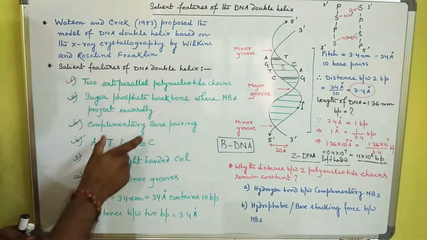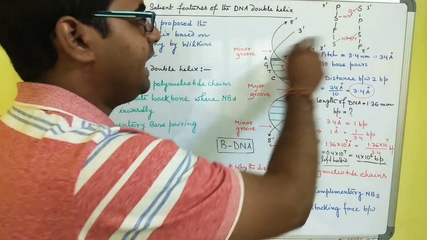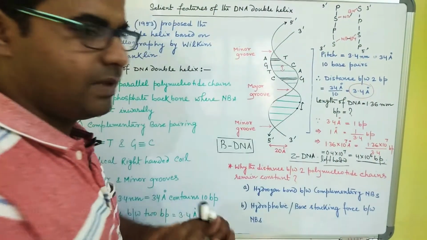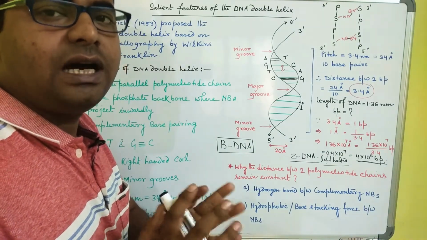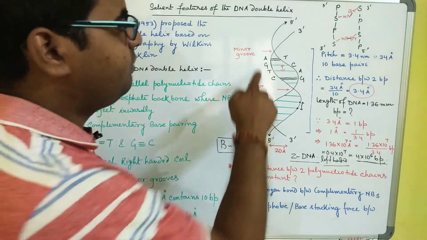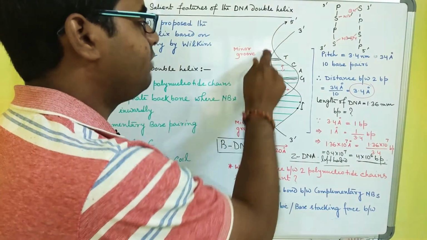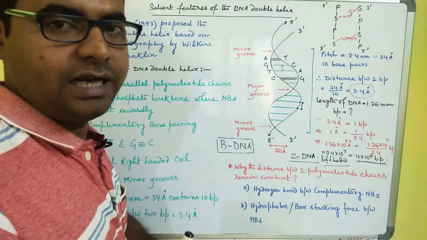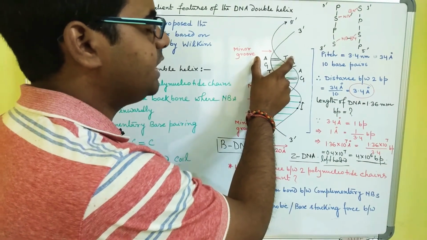Coming to the third point, which is complementary base pairing. So in the DNA, we'll have different purine and pyrimidine nitrogenous bases. What is the meaning of complementary? Complementary means they are not identical. Okay, so if it is an adenine, that is a purine nitrogenous base, it will bind with a thymine, that is a pyrimidine type of nitrogenous base, and they will form two hydrogen bonds in between.